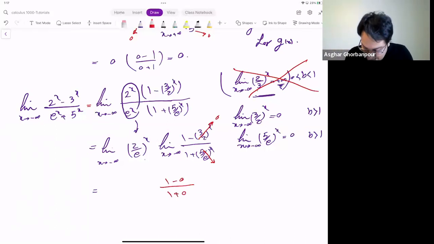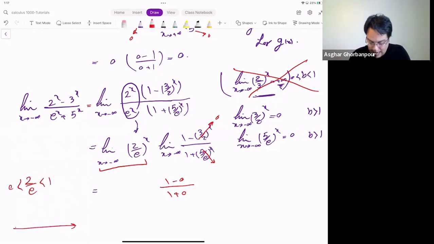But this guy here is (2/e)^x. 2 over e is a number less than 1. And the graph of such a function is like this. As x goes to negative infinity, the function grows to plus infinity. So this guy will grow bigger and bigger as x goes to negative infinity.